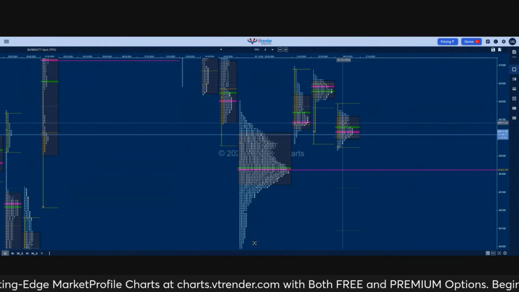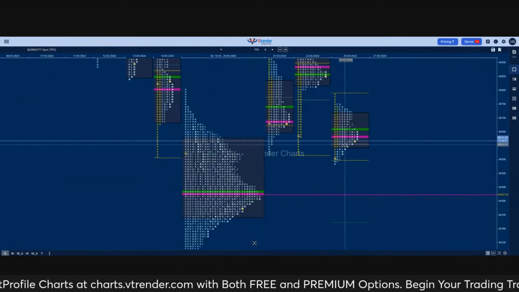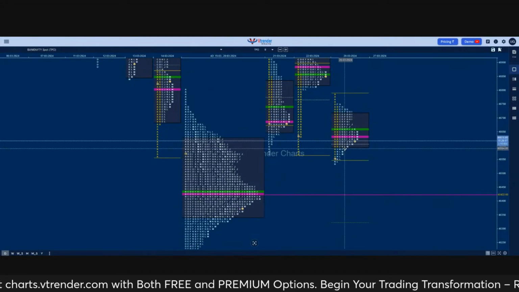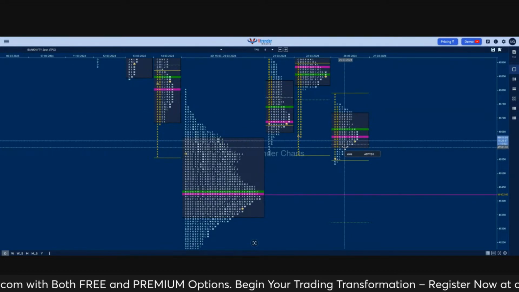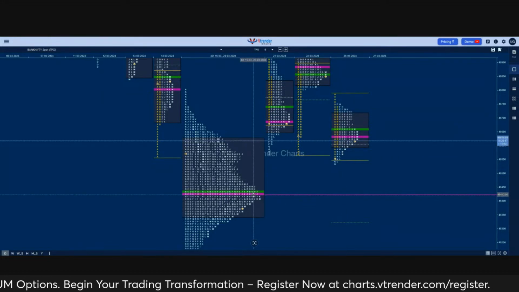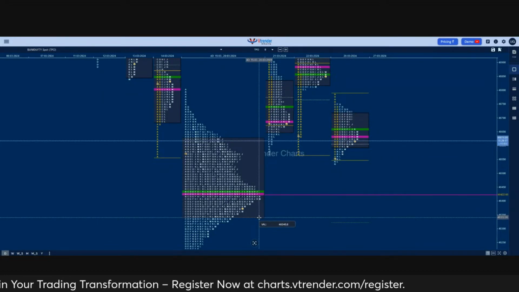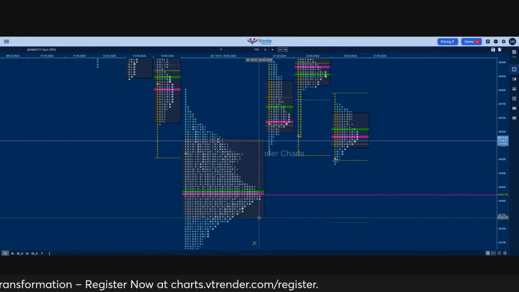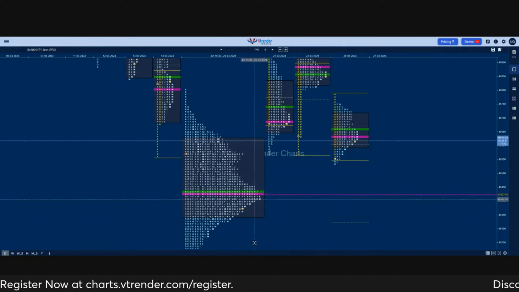Today is a normal day, so we will look at this value being accepted or rejected. If we stay below this value area low of 46,700, we are looking for probable targets of 46,422 and this value area low of 46,345. So this is what would be the lower objectives.